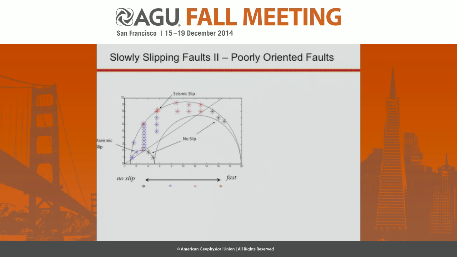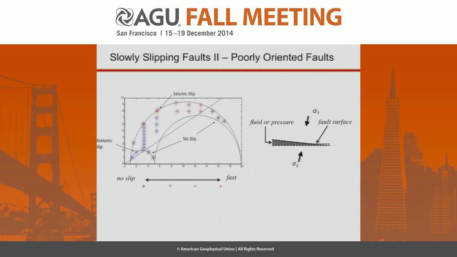Another reason you get stable sliding can be shown through some modeling here that Mark McClure led, but basically it's like this. When you're pumping at the magnitude of the least principal stress, which you do when you're propagating hydraulic fractures, you can make very poorly oriented faults slip. Okay, pore pressure is very high, effective normal stress can become very low simply because you're pumping at such high pressure.